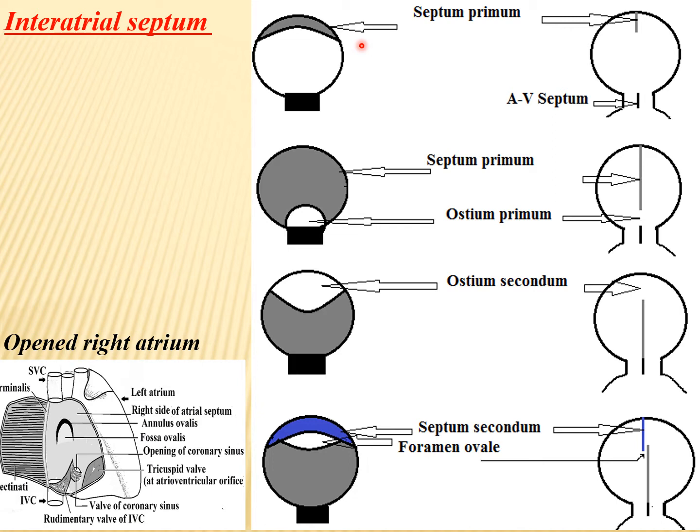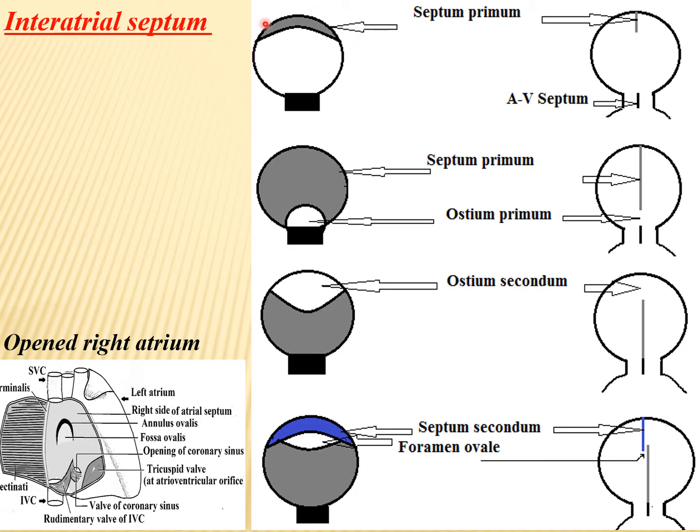It appears as the development of two septa. The first septum is called septum primum, or primary septum, and the second is called septum secundum, or secondary septum.